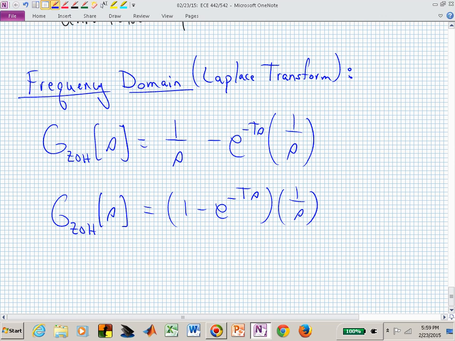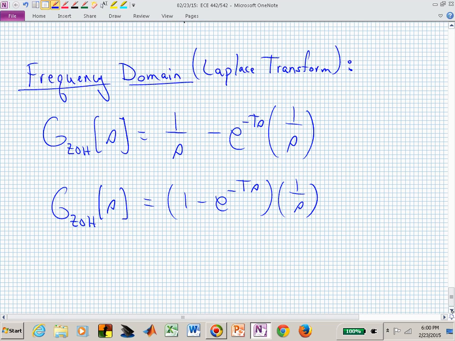We always worked with ratios of polynomials of S. And e to the minus capital TS is not represented by a ratio of powers of S. But we're going to be lucky in that this is going to work out nicely, because that e to the minus capital TS represents z to the minus 1 when we go into the digital domain. And that will be a nice operator in the way that we want to be working.